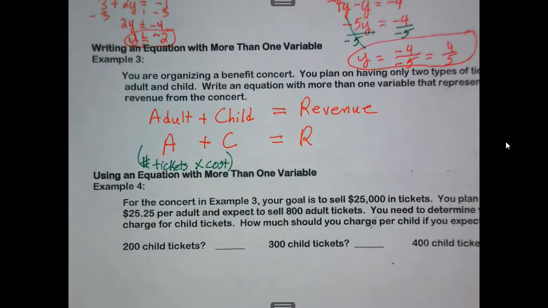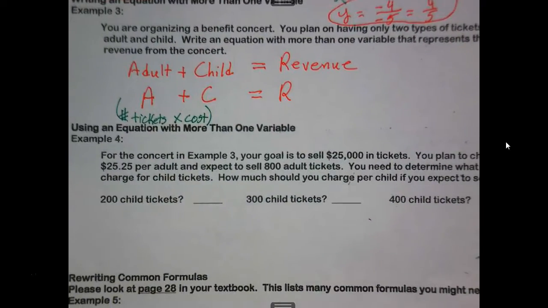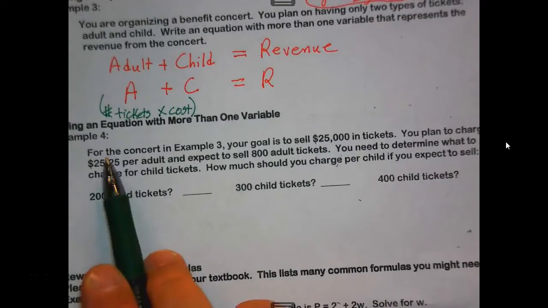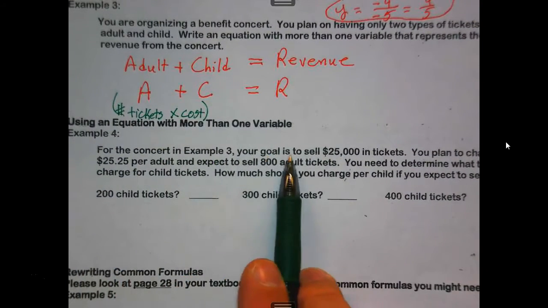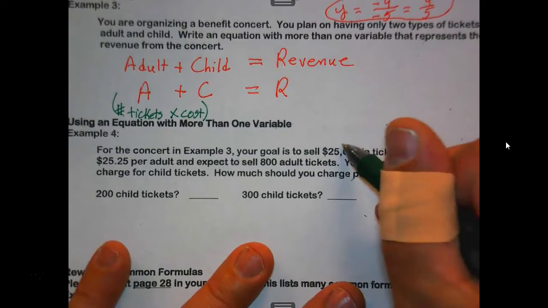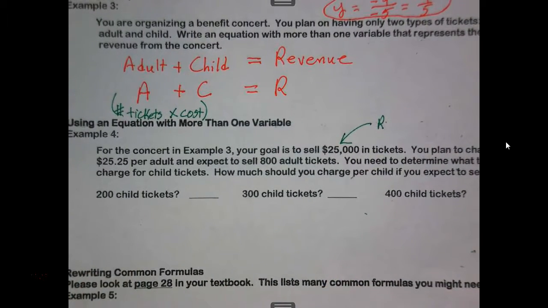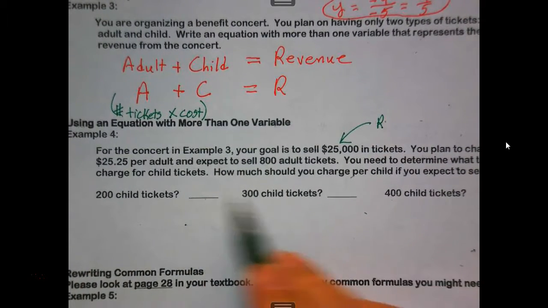Remember that little blurb in between the paragraphs? That's what we're going to do here. Okay. For the concert in example 3, your goal is to sell $25,000 in tickets. So that's my revenue, right? My R. So looks like we got 3 problems to do.